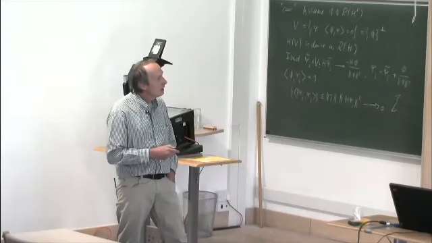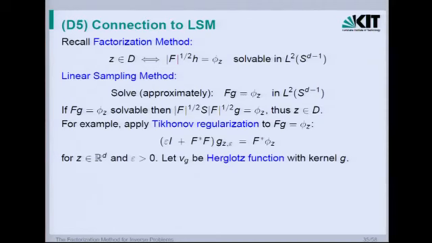If you regularize that equation by Tikhonov regularization, and that is a fairly recent result, as you probably know, then you have epsilon identity plus f star f of g times this. Now you can always solve that equation, even if that is not solvable.